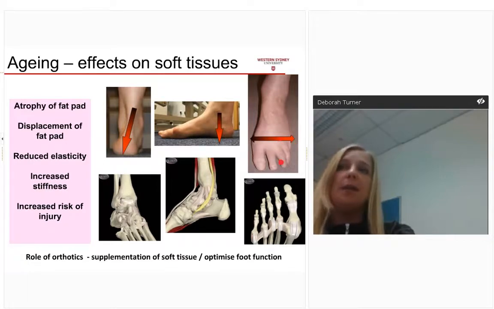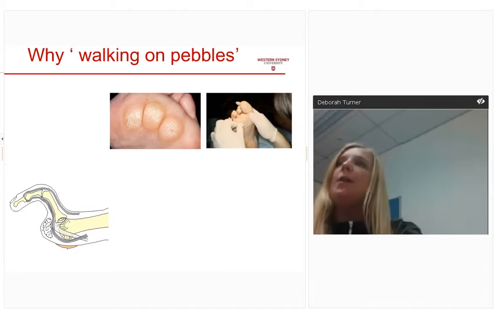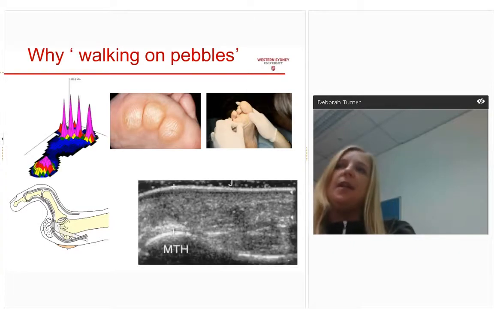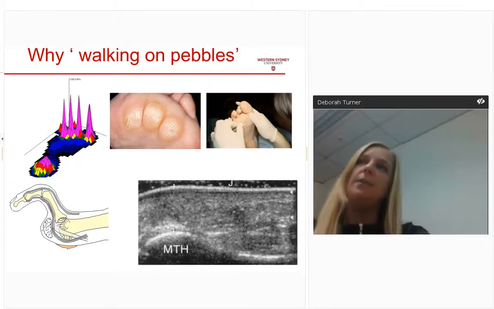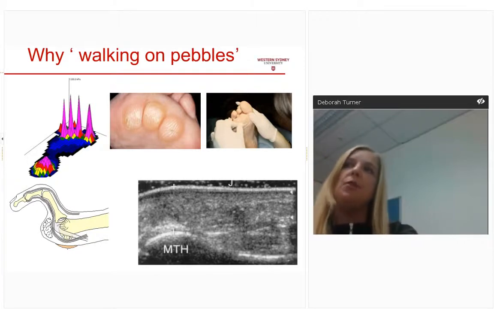When we tend to consider some of the symptoms that patients will report, well, one of the most common symptoms that patients will report to podiatrists is this sensation of feeling like walking on pebbles.